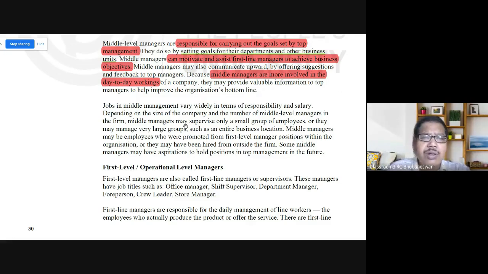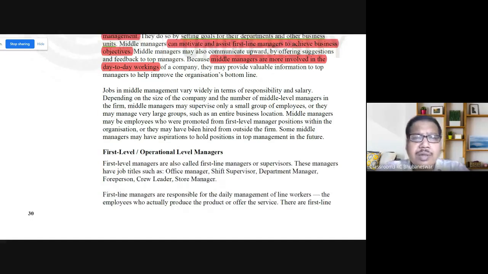Then coming to the job lines, middle level managers vary widely in terms of responsibility and also take care of salary. Depending on the size of the company and the number of middle level managements, your employees' salaries, locations and timings all depend on you.